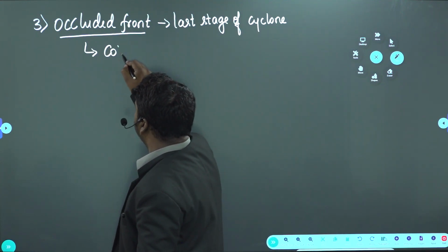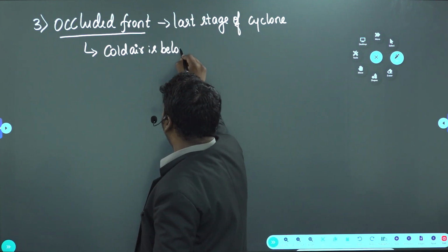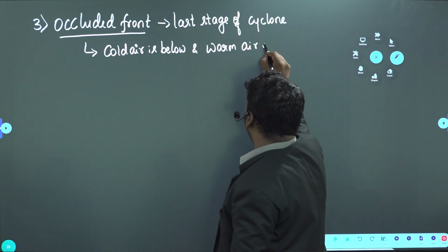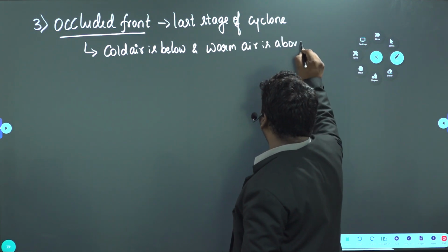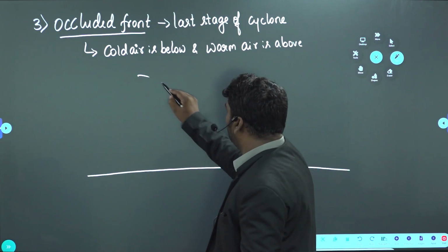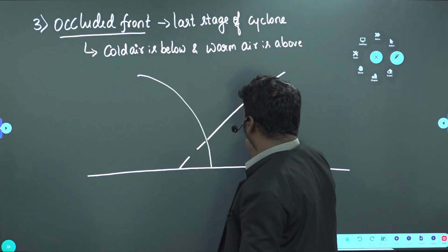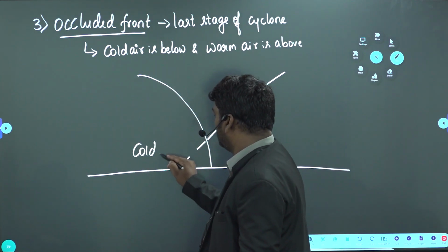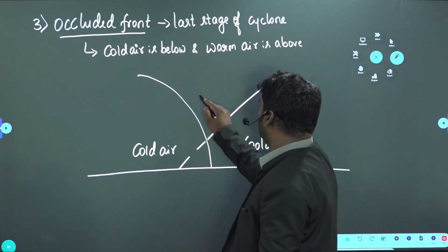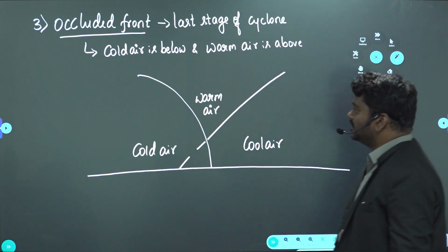In this stage, cold air is below, warm air is above. This is called occlusion.